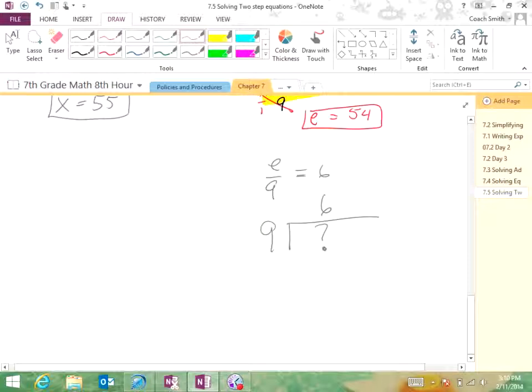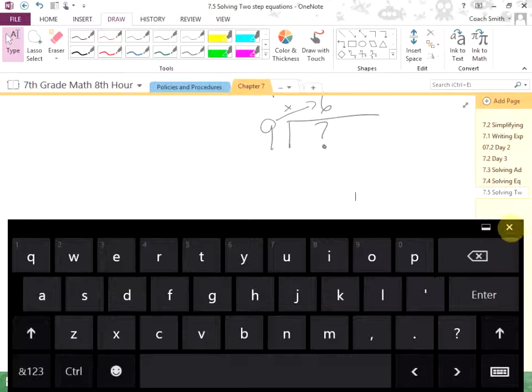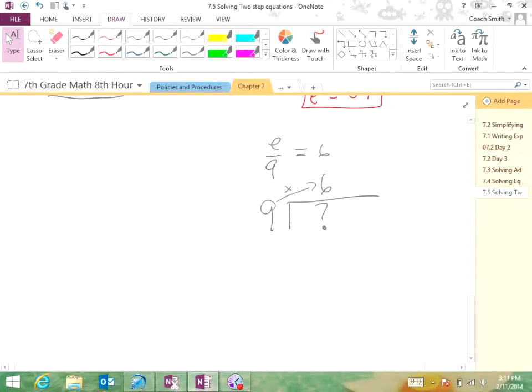And so I'm just taking 9 times 6. That lets me know what that number is because multiplication is the inverse of division. You're just saying 9 times 6 is 54. So what's inside the bracket has to be 54.